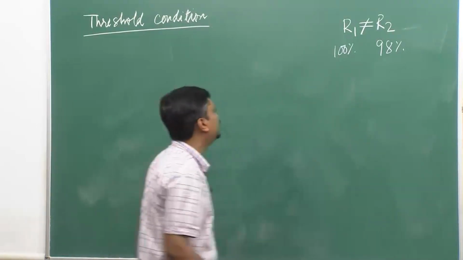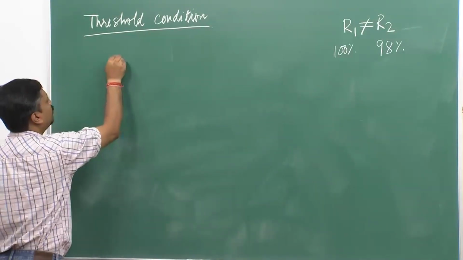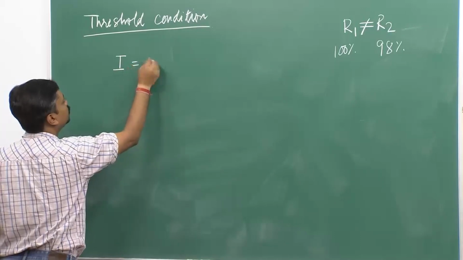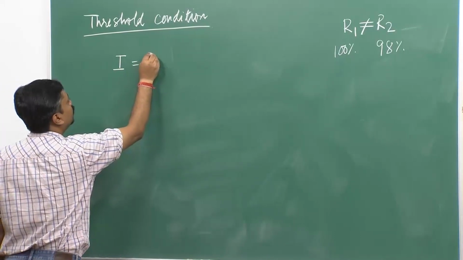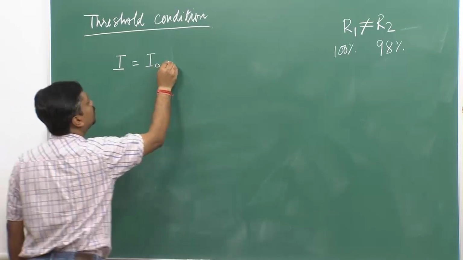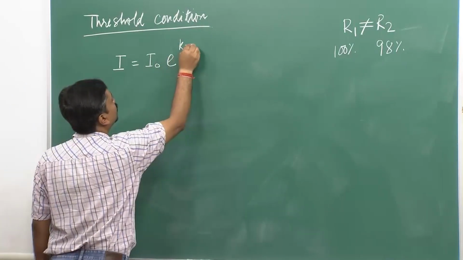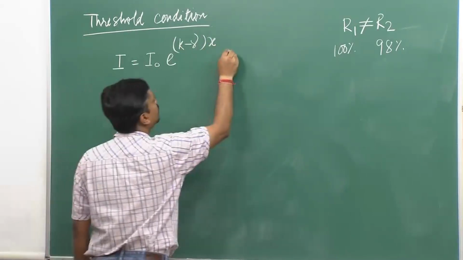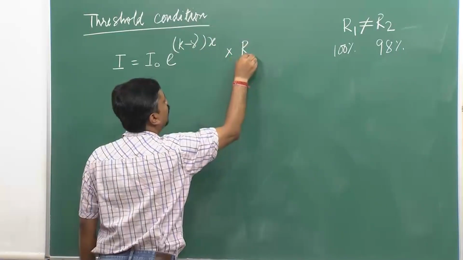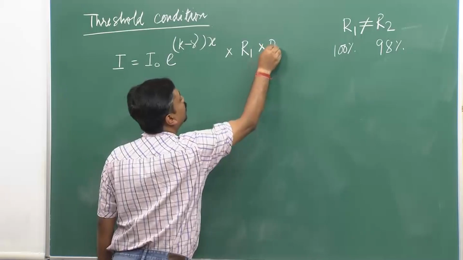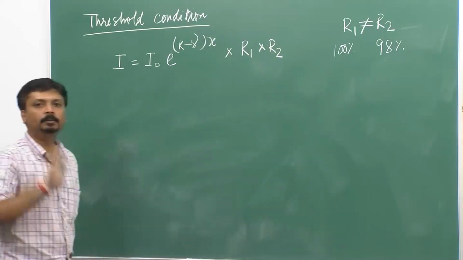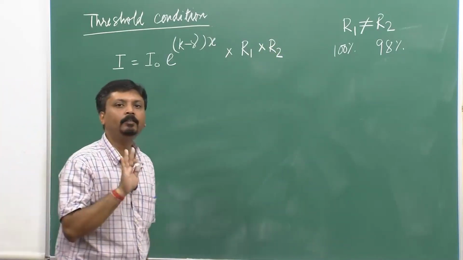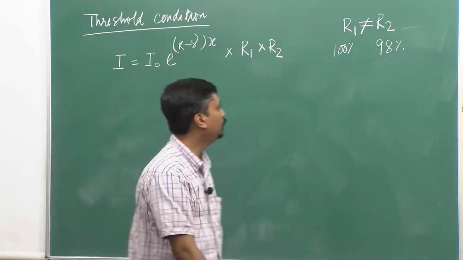So, this expression has to be modified as I equals I0 e to the power k minus gamma x, multiplied by R1 multiplied by R2. This is my real life situation.